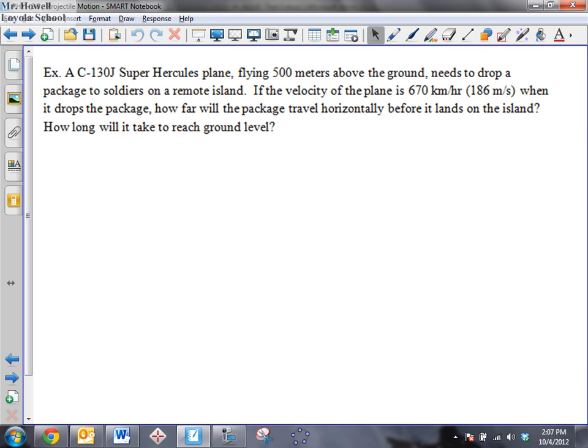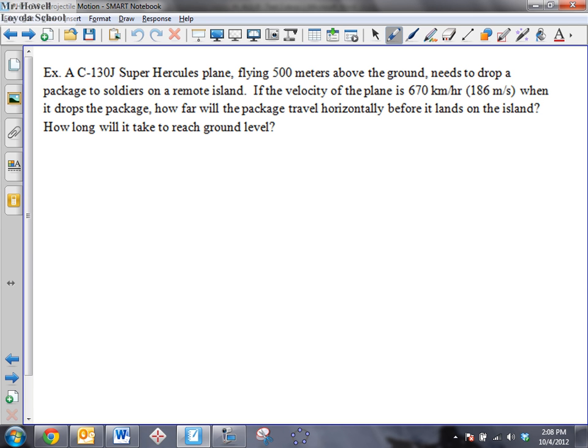I'll draw an image and we'll get an idea of what it looks like. But again, plane flying overhead, 500 meters above. It's traveling at 186 meters per second when it drops the package. How far will the package travel horizontally, and how long will it take for it to land?